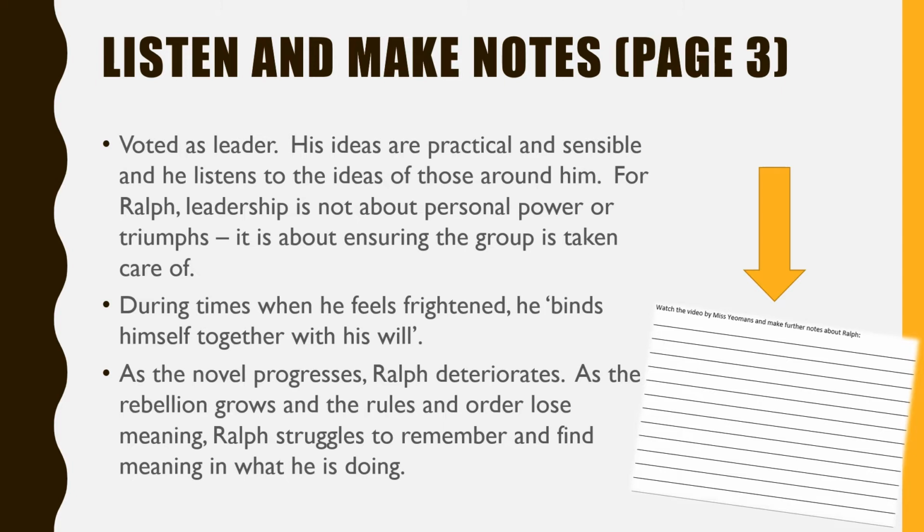And the Royal Navy officer who comes to pick them up symbolises to Ralph what society, what civilization is like, and when Ralph sees him, he's just absolutely overwhelmed by how far removed they are from it, despite his best efforts to be a leader. So certainly as the novel progresses, Ralph really deteriorates.